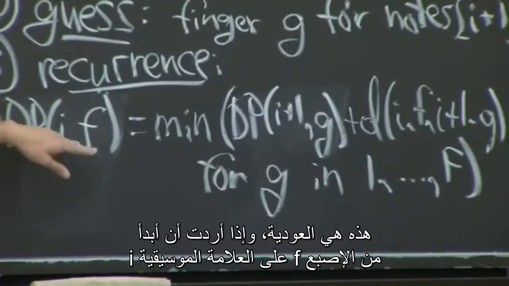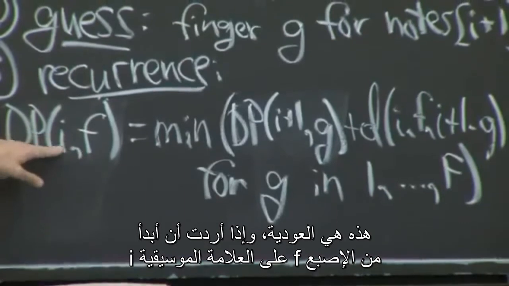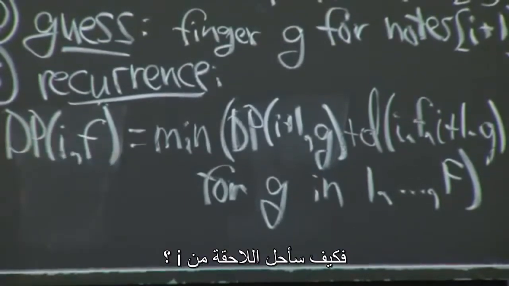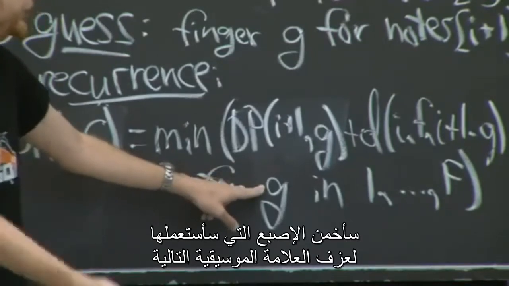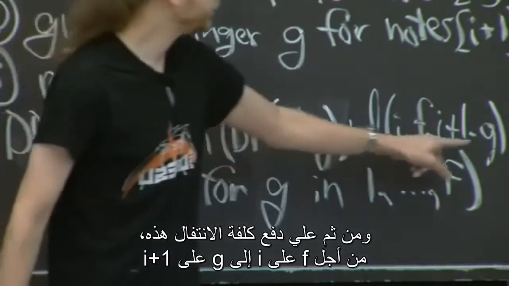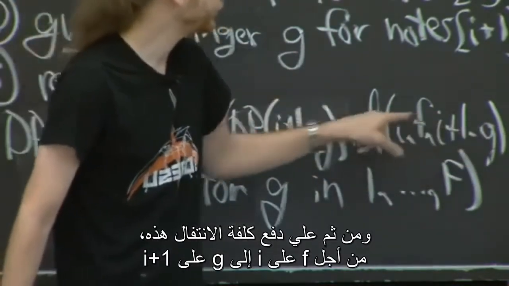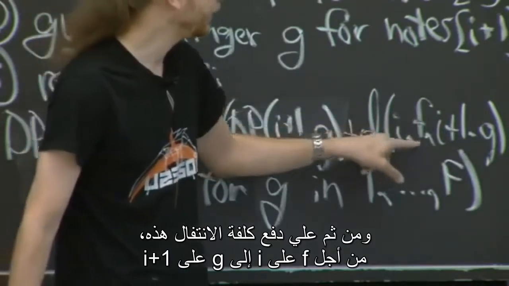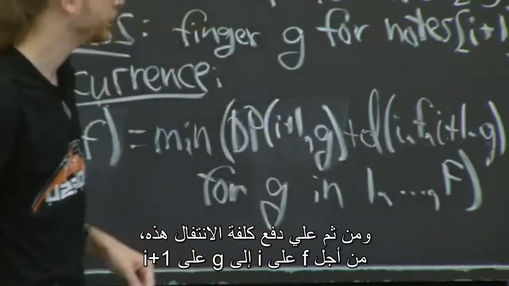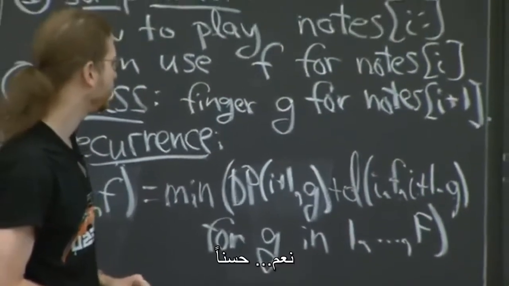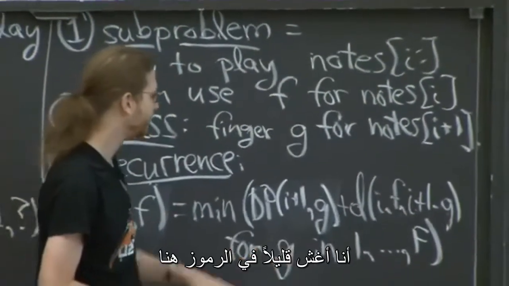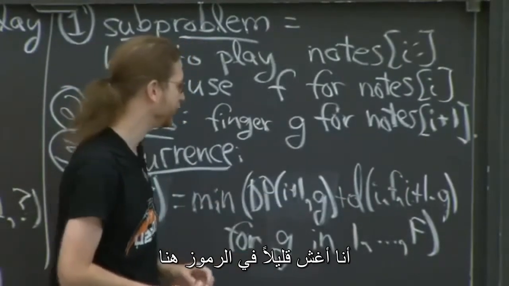So if I want, starting with finger f on note i, to solve the suffix from i, well, what finger am I going to use for the very next note? Then I have to pay this transition cost for f on i to g on i plus 1. Slightly, I'm cheating in notation here.